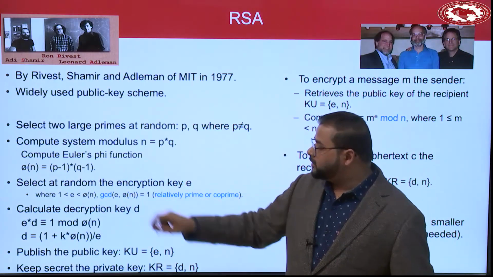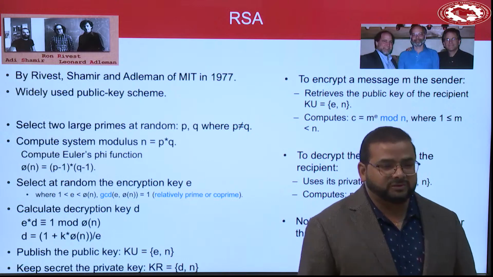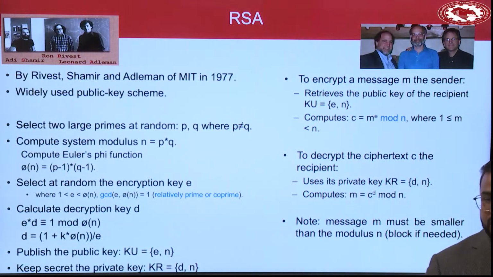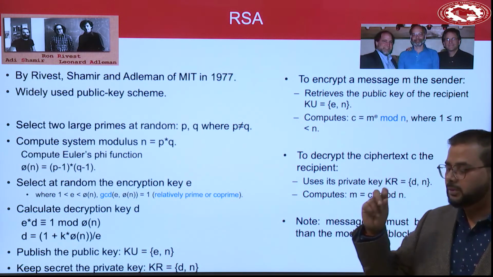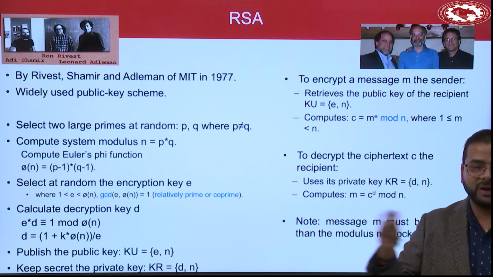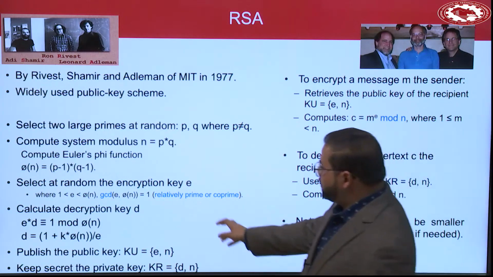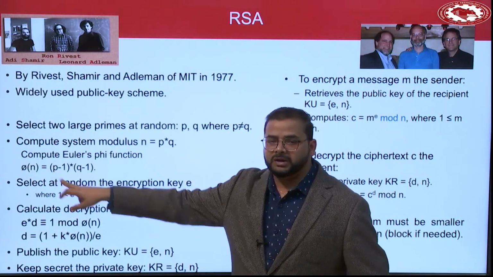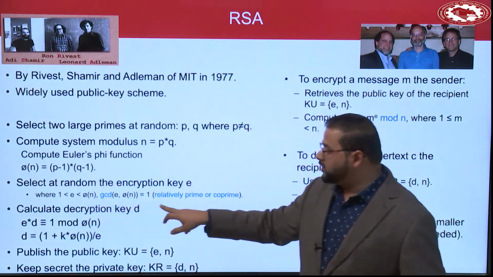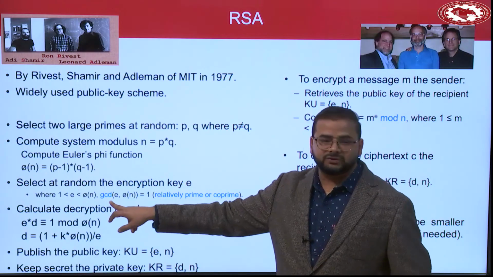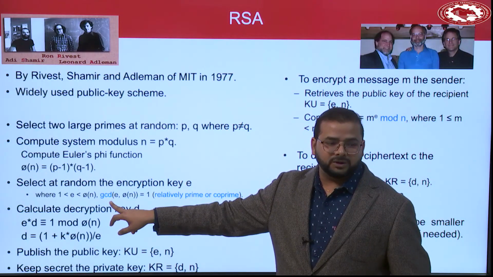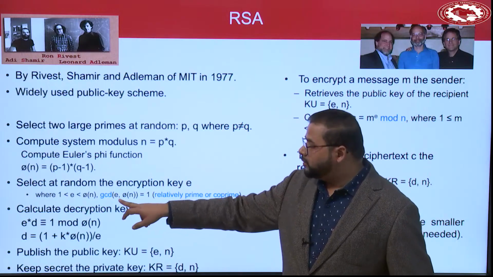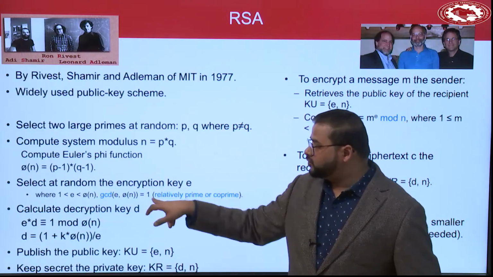Now, as I said, a public key system has two keys. You pick one key and you derive the other one. So let's say I'm picking one key E between 1 and phi n, any key. And there's a property called GCD, the greatest common divisor, of this number and phi n, which should be 1.